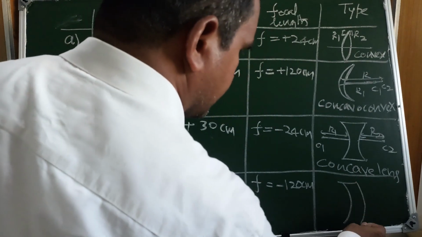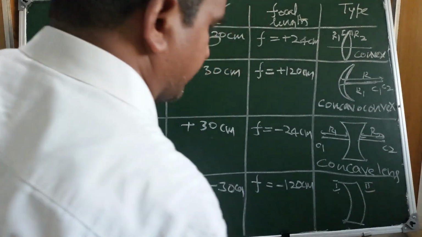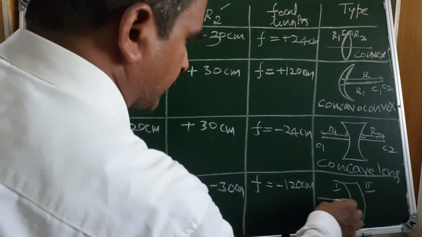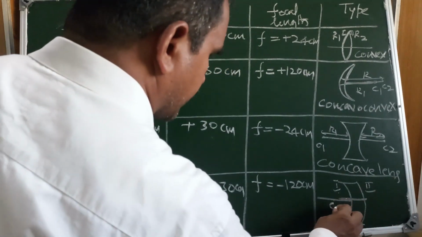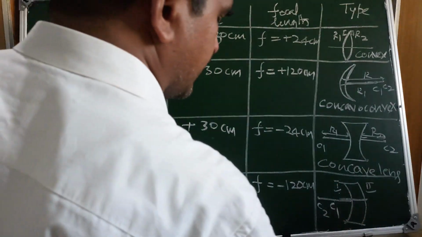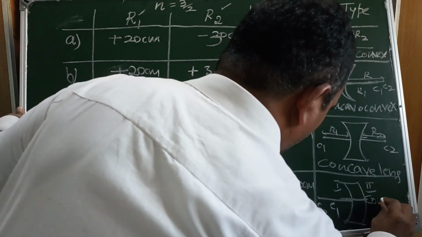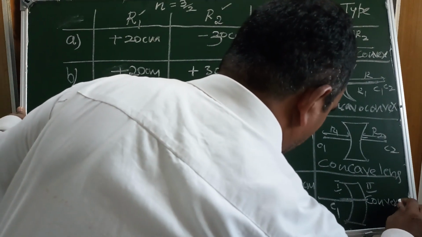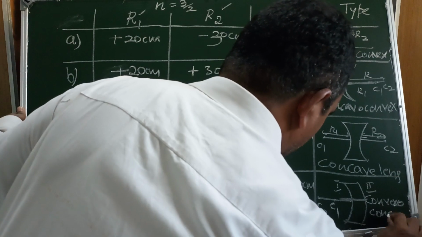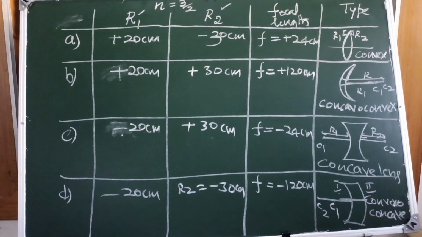This is the first refracting surface, this is the second refracting surface, and both centers of curvature are towards the left. So it becomes convexo-concave. Convexo-concave means no doubt it is a diverging lens, because the focal length is negative.